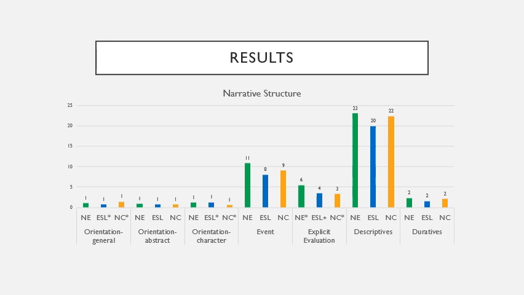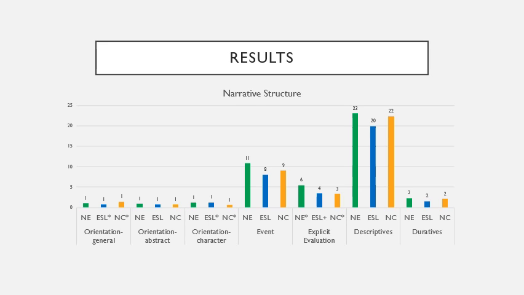Narrative structure is basically evaluated based on these subcategories. For example, orientation, event, explicit evaluation, descriptives, and duratives. Here, I would like to draw your attention to this explicit evaluation because we do observe some statistical significance between the two language groups.